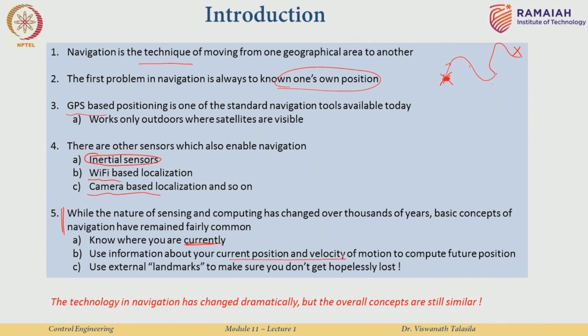We will see that velocity is not the only requirement, but for now let us assume velocity. Using the information about your current position and velocity, you can compute what will be your future position. And finally, you always make use of external landmarks to make sure that you do not get into what I call hopelessly lost. This is actually a technical problem called drift.